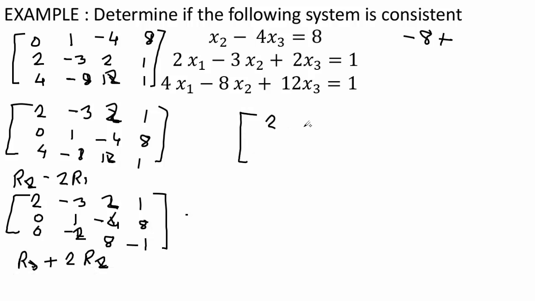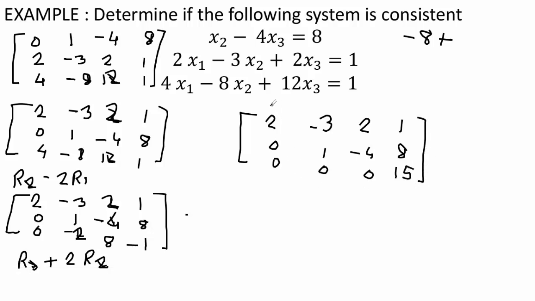We shall write it as it is, 2 minus 3, 2, 1, 0, 1, minus 4, 8. Third row 0 plus 2 times 0 is 0. Minus 2 plus 2 times 1 is 0. 8 plus 2 times minus 4, that is 8 minus 8 is 0. And minus 1 plus 16, that is 15.